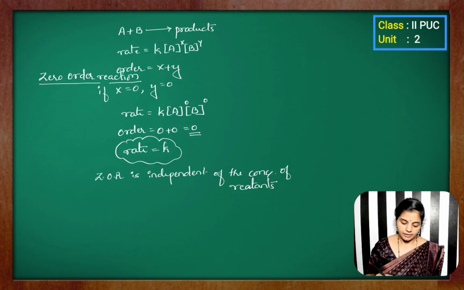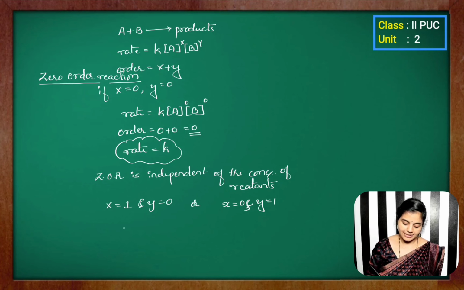Now, if X is equal to 1 and Y is equal to 0, or if we have X is equal to 0 and Y is equal to 1. In this case, the rate expression is rate is equal to K into concentration of A raised to 1, concentration of B raised to 0.